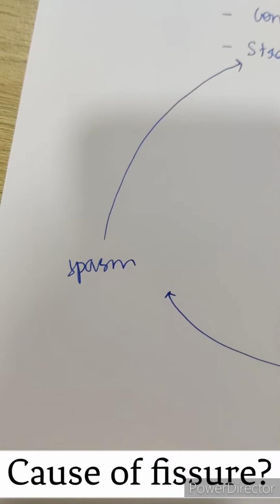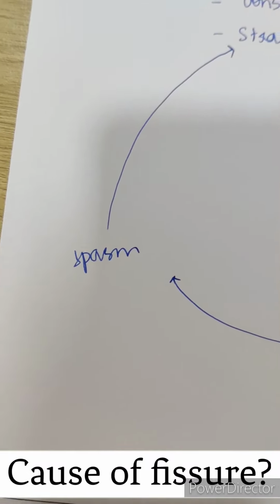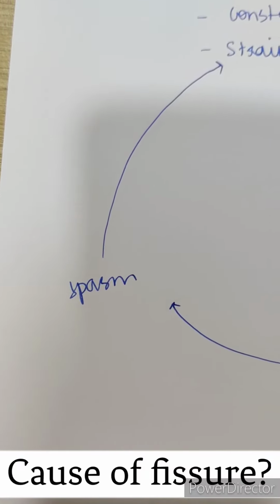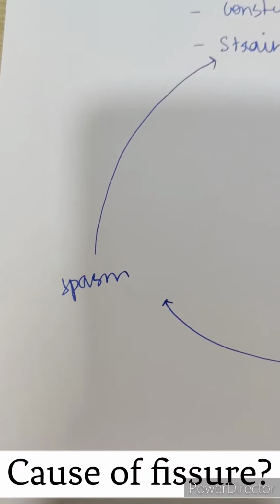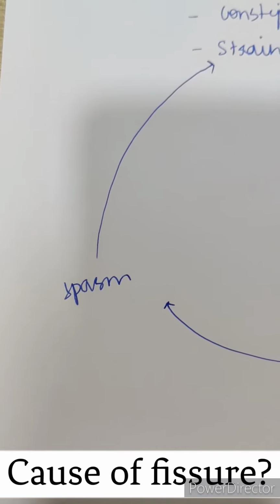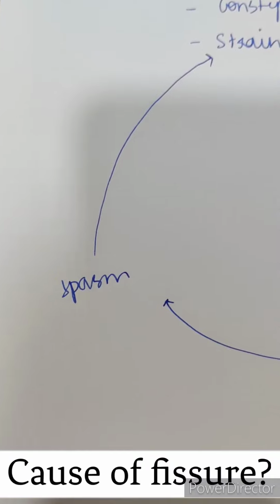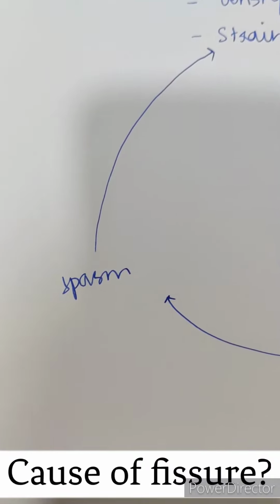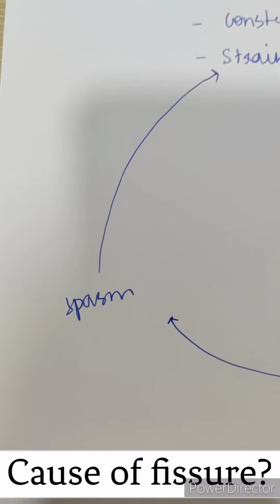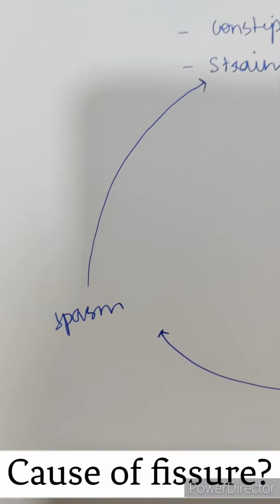This in turn will result in a condition called spasm. So there will be spasm of the anal sphincter. This is an involuntary spasm that occurs because the brain now sends signals to the anal sphincter. The anal sphincter is nothing but the muscle present at the anal region, which has to relax whenever you want to pass motion.